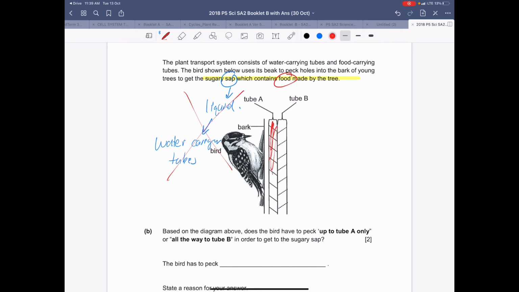Okay, John was walking his dog in the park. It was dark except for light from the street lamp nearby. Describe how John was able to see his dog. First things first, you have to understand how light rays work, how we are able to see things. This is your light source. Light will come from your light source, hit an object that you can see, bounce off the object, and then reflect into the eyes. And that's how you're able to see the object.